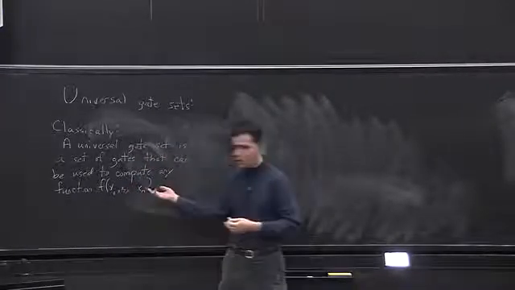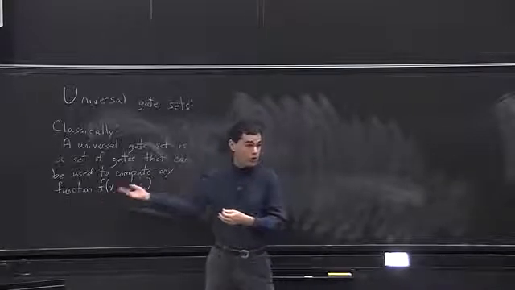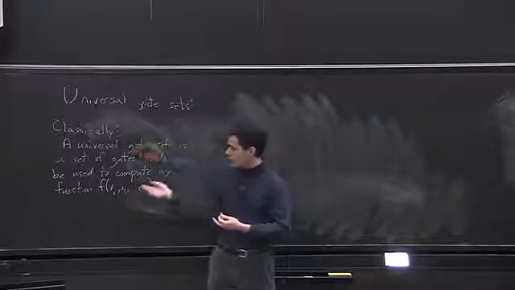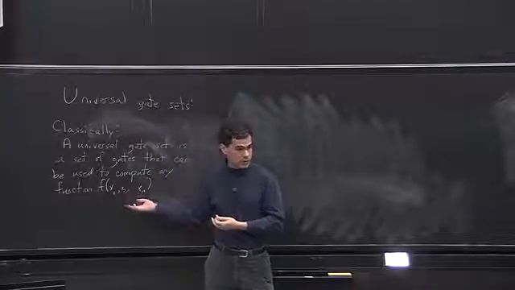So you might have n bits of input, and you want to compute some arbitrary function of those bits. And the universal gate set is one that will allow you to compute any such function.